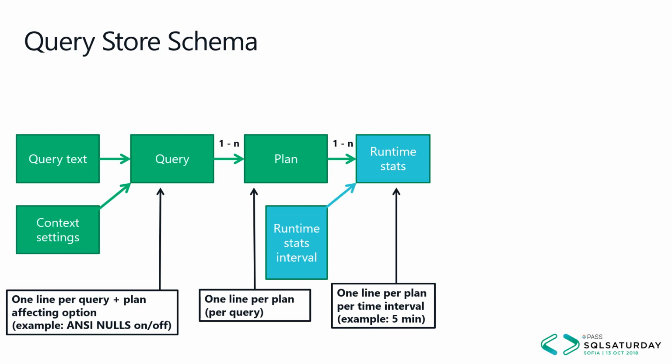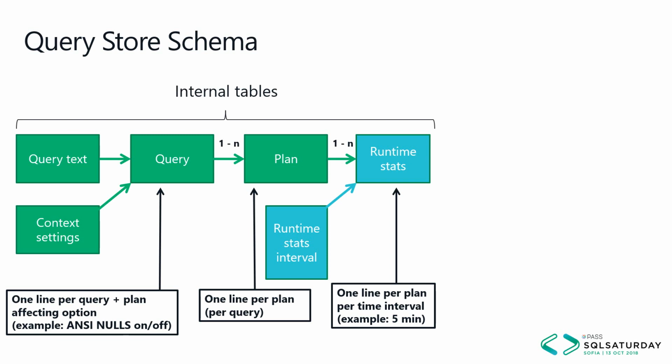And each interval will record one line on the runtime stats table. So we may have one line for every 5 minutes, one line for every 20 minutes. It depends on the DBA configuration. And one line every 20 minutes for each plan, summarizing the statistics of the execution of that plan.